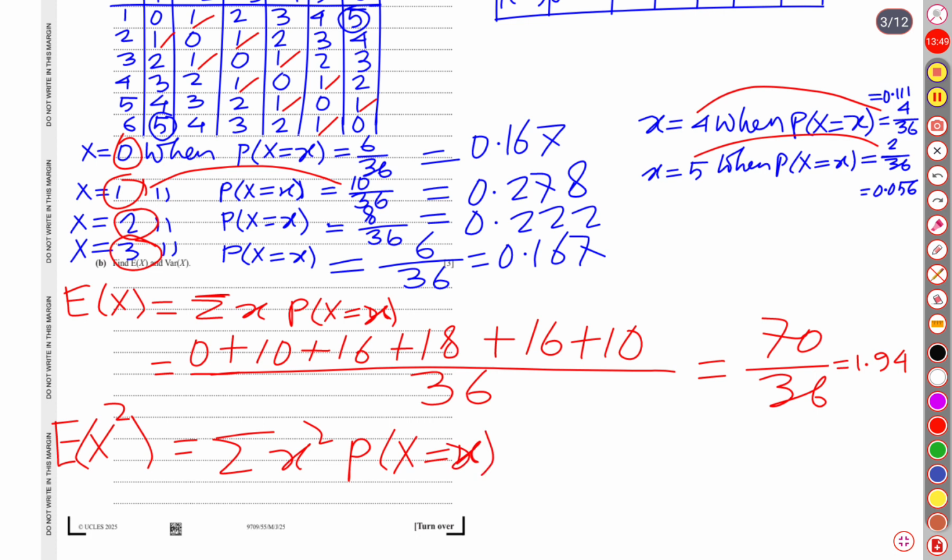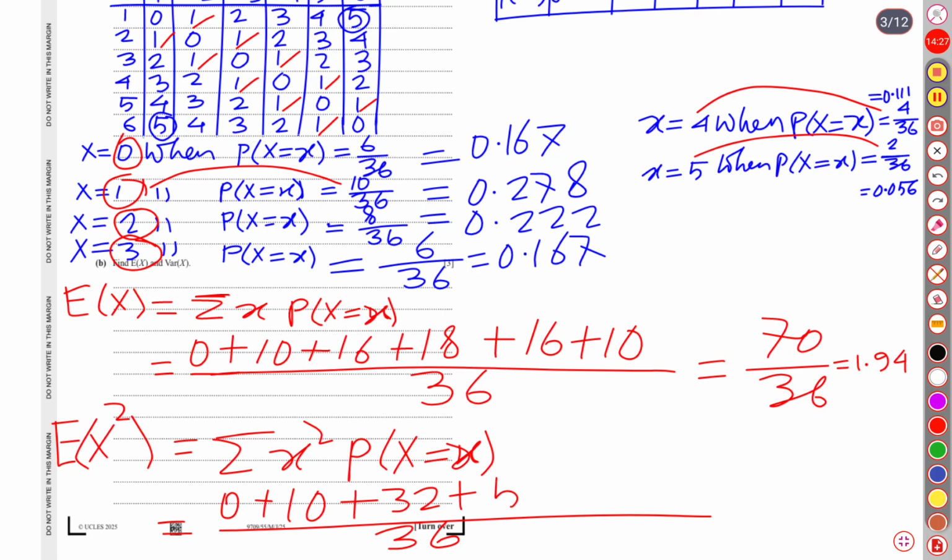In this case also the denominator is 36 in each case. So 0 squared means 0, the first one is 0 as usual. The second one is 1 squared, so 1 squared into 10 means 10. Then 2 squared means 4, 4 eights are 32. Third is 3 squared means 9, 9 sixes are 54.